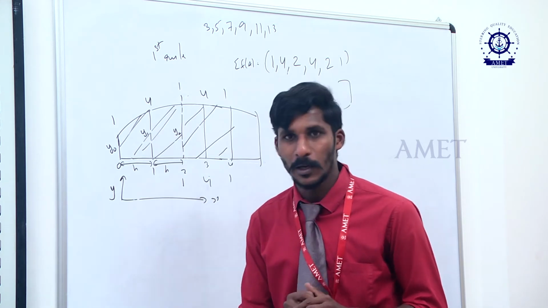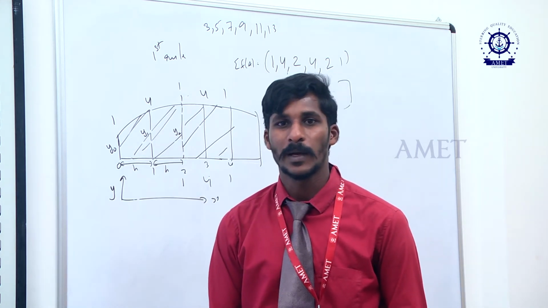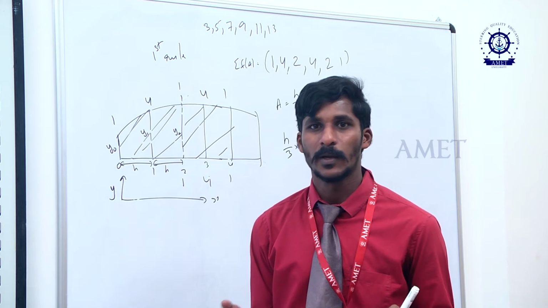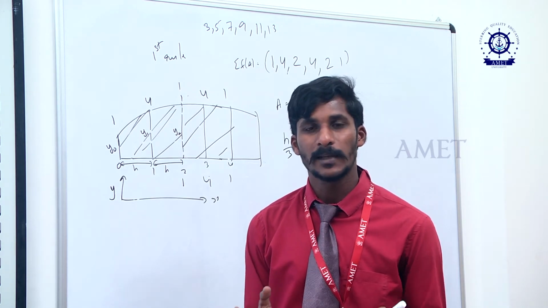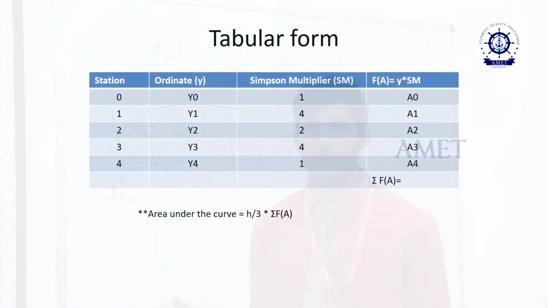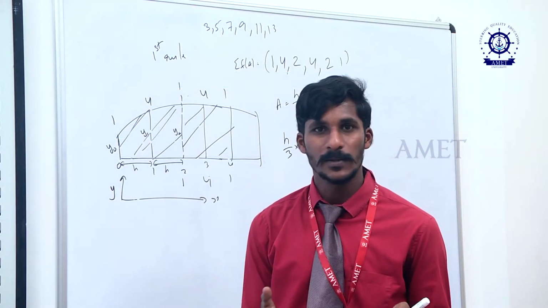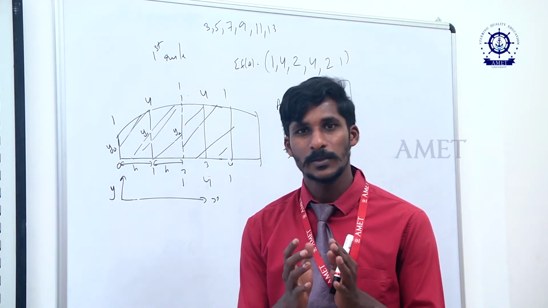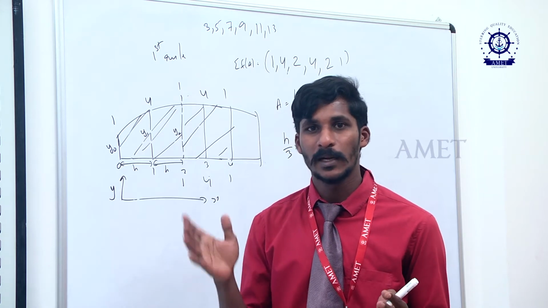In our lecture, mostly we will try to apply Simpson's first rule, because mostly we divide the stations into an odd number to get more accurate values. You can have a question: wherever there is more curve, more stations can be cut. When you see a hull form, where there is more curve, there will be cutting into more numbers.